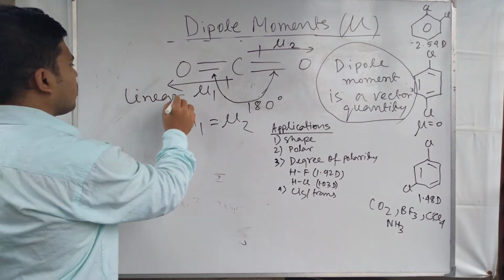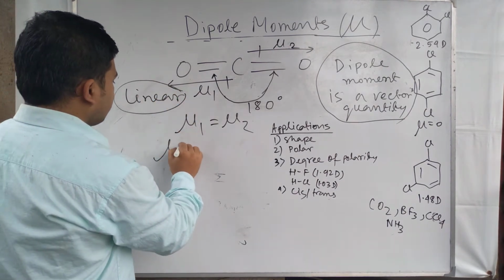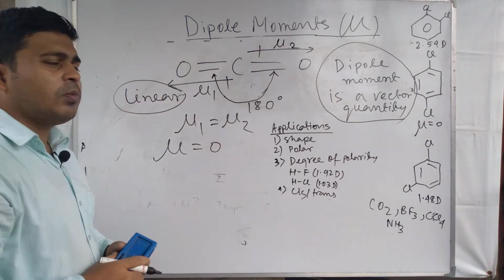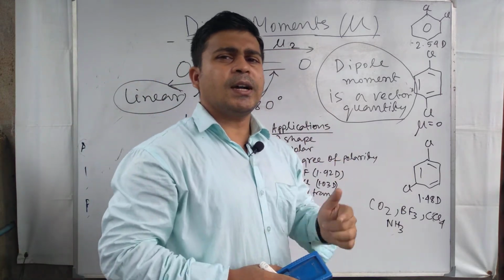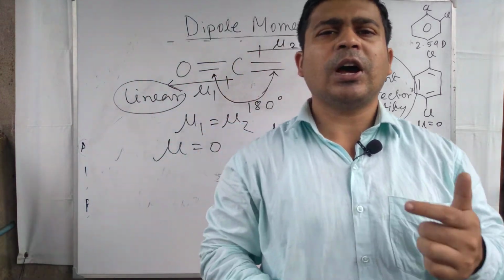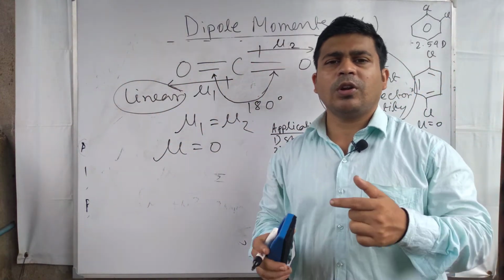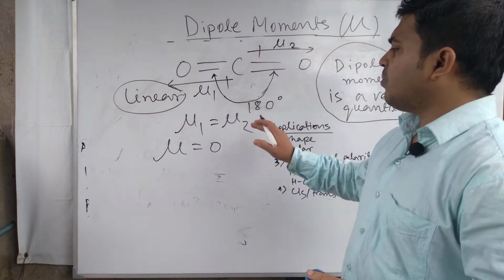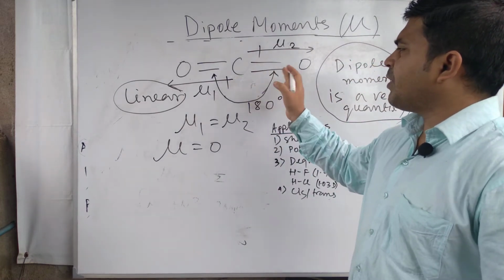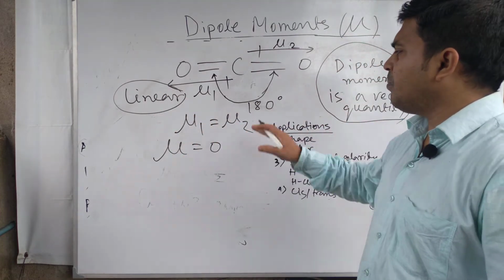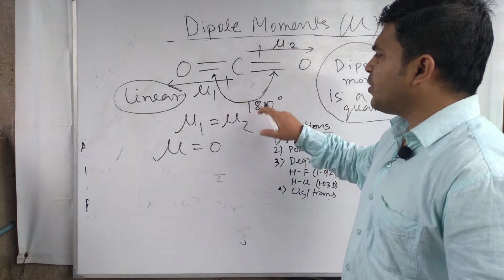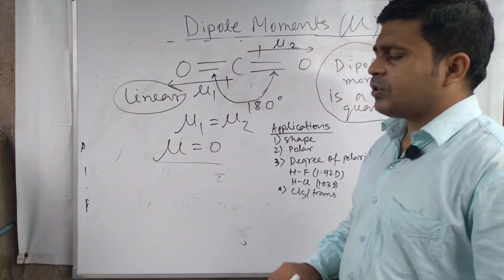linear in shape. And for this molecule, the net dipole moment is obtained by summing all the resultant bond moments. Here the bond moments cancel each other. So for this reason, because it is linear in shape and the bond angle is 180 degrees, the overall mu net is 0.